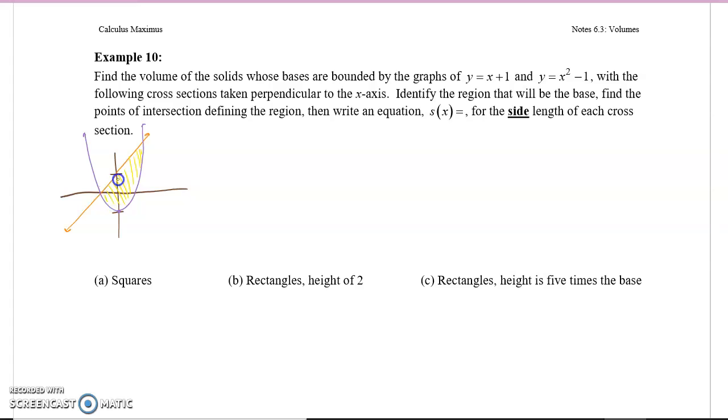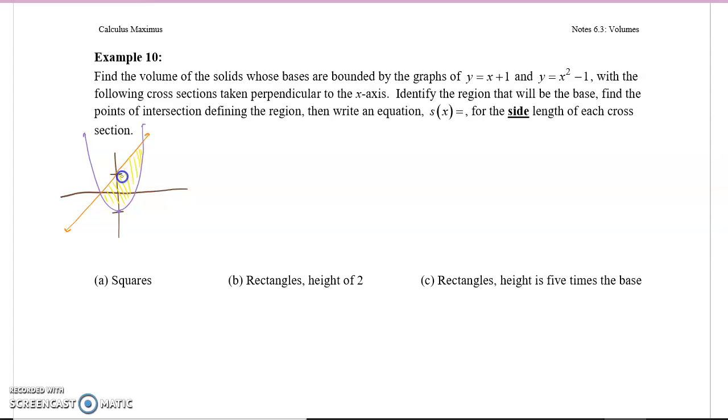Now, for each one of these solids that we're generating using that base, we're going to stick with cross sections perpendicular to the x-axis. We could do perpendicular to the y-axis, but remember that if we do right minus left, it's going to be parabola minus parabola for part of it, and then parabola minus line for another part of it.